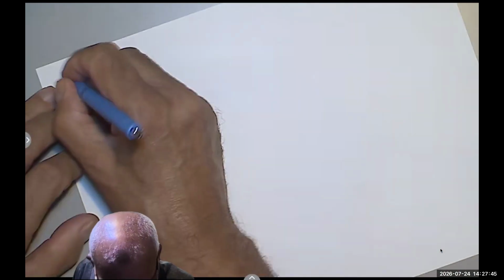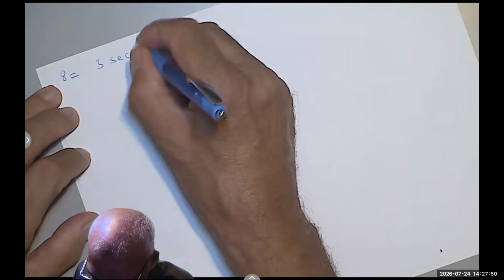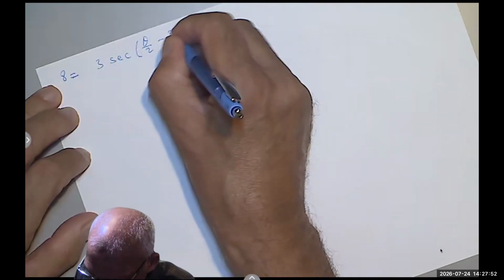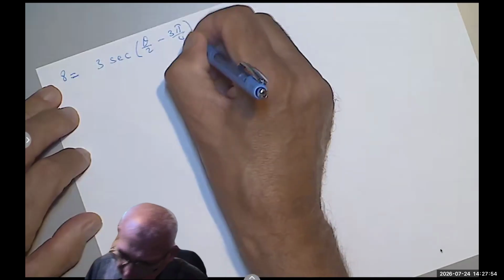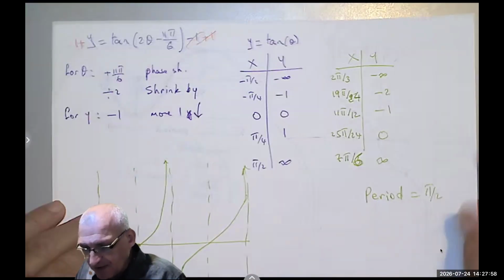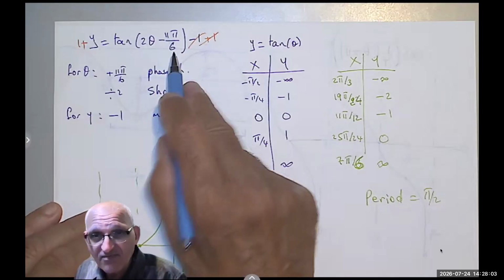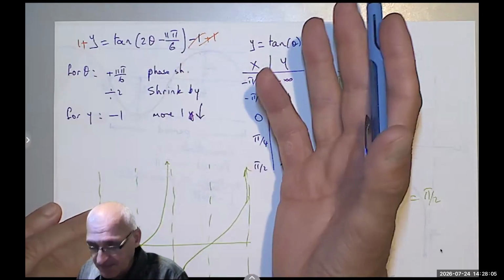Okay. Last one, number 8. It says 3 secant theta over 2 minus 3 pi over 4. Again, you can see, like in the previous problem, I could have factored the 2 out and made that theta minus 11 over 12 pi, and it would have been the same thing.